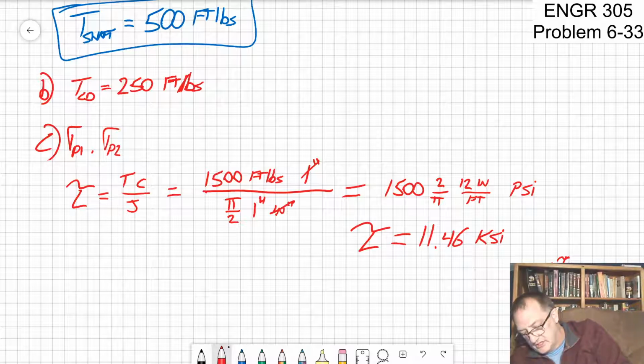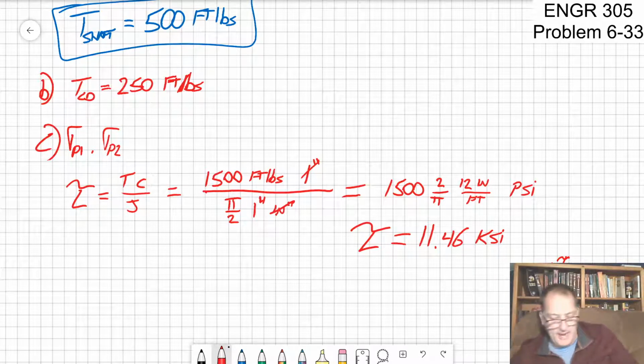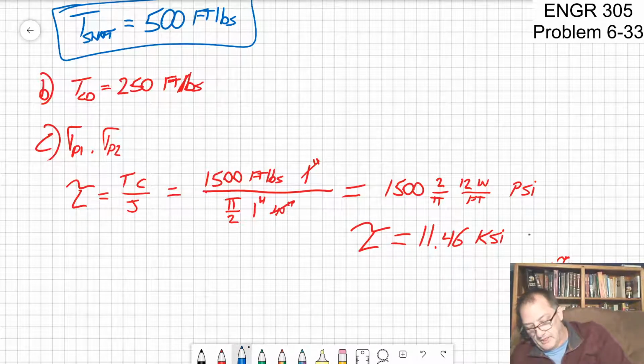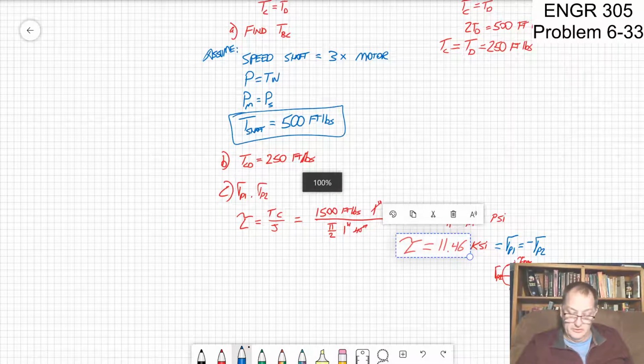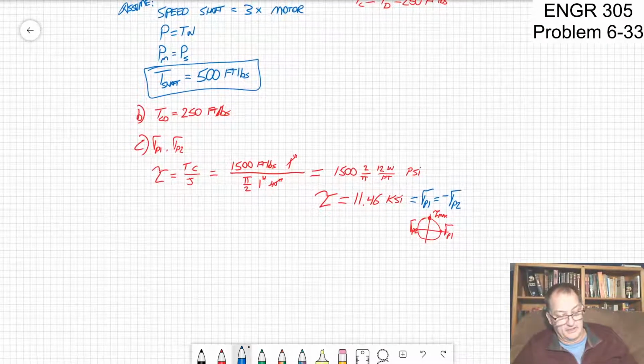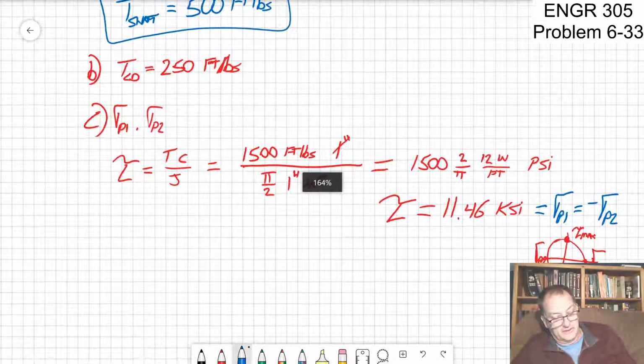So this is sigma P1 and this is sigma P2. That's my maximum tension and compression. So sigma P1 is equal to negative sigma P2. It's that value in tension or compression, so that's for that section.